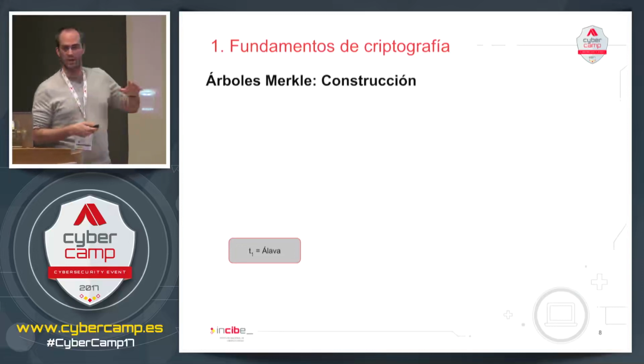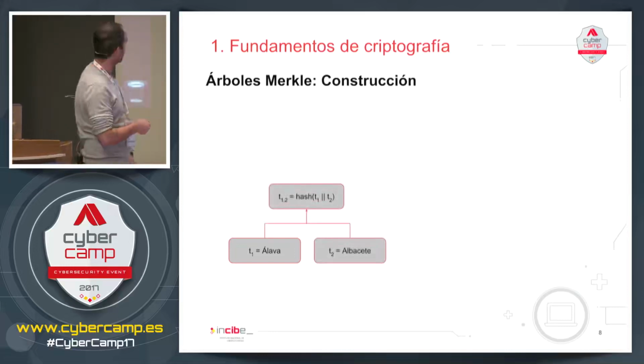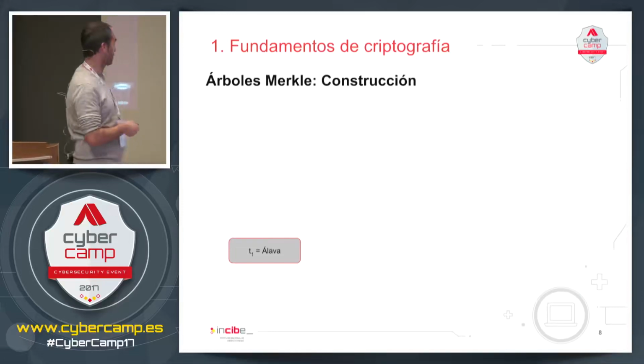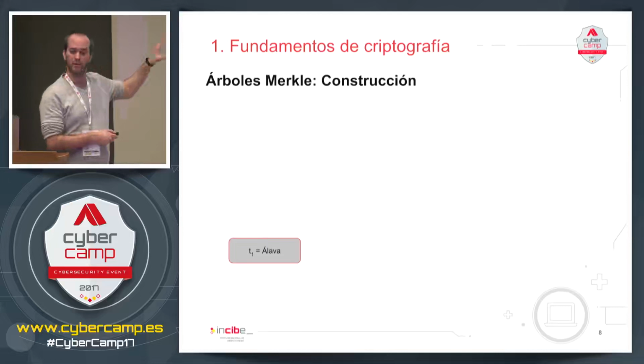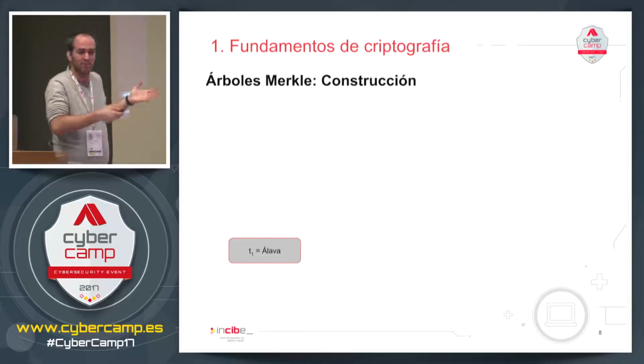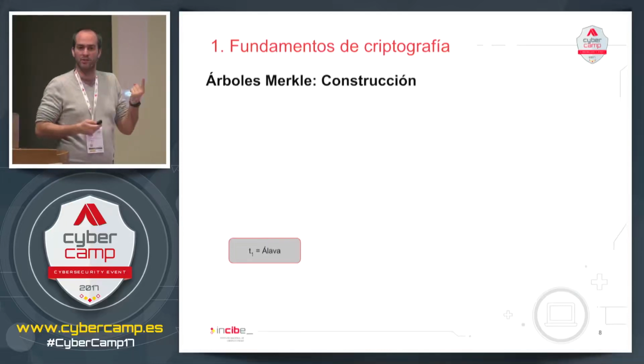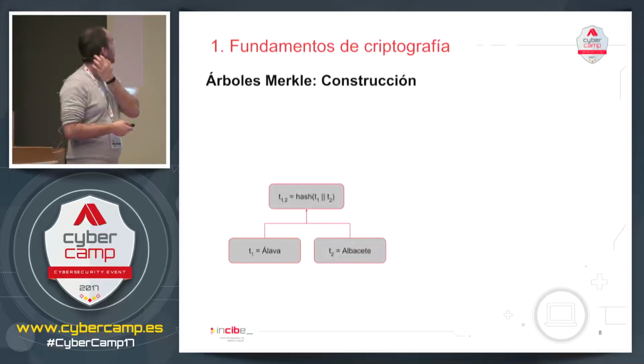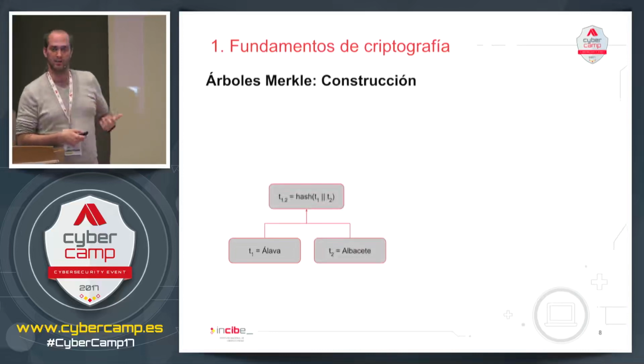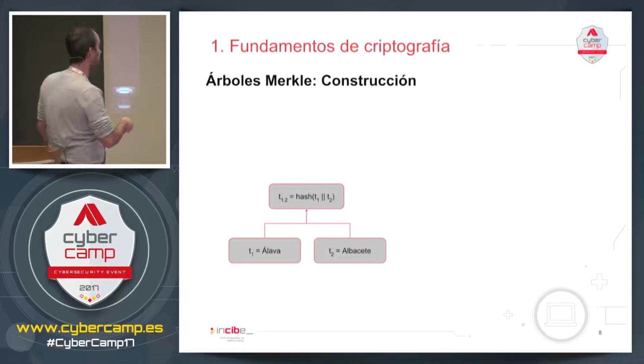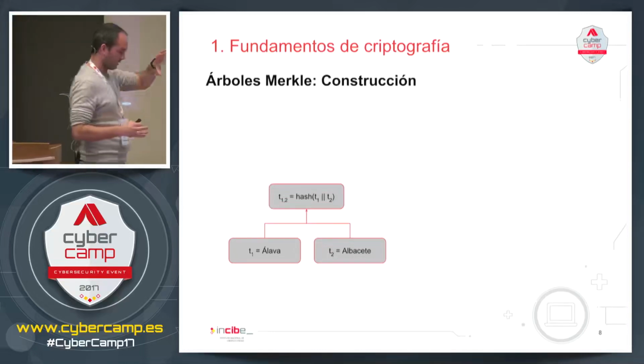T1. On node T, node T1 is Álava. The next node is Albacete. By the way, this is a Merkle tree. It's a set of elements. And I want to add a second node, Albacete, to my set.